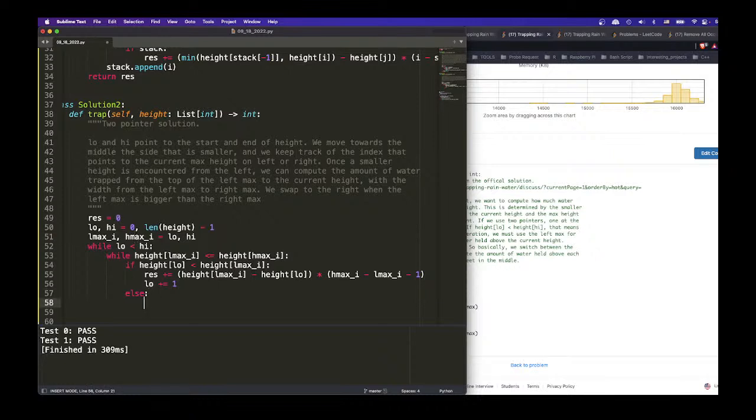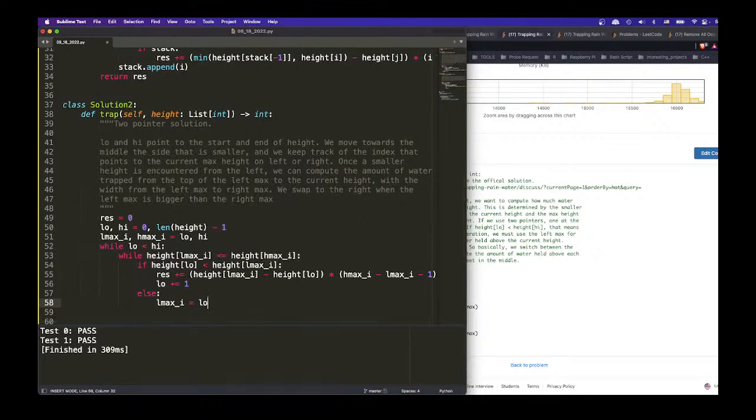Else, then we say L max I equals low, and low doesn't move because we get something higher, so low doesn't move. So that's that. And now do another one while height h max I is smaller than height.